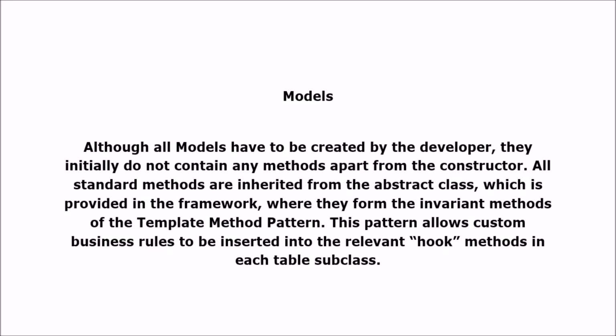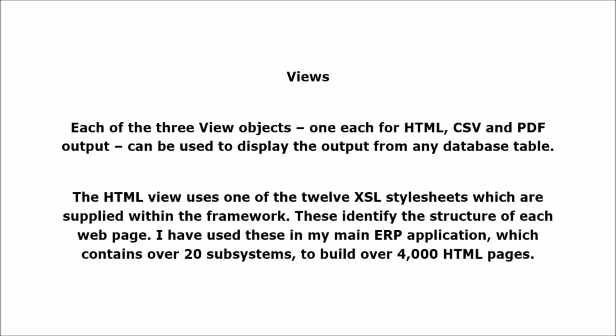Although all models have to be created by the developer, they initially do not contain any methods apart from the constructor. All standard methods are inherited from the abstract class, which is provided in the framework, where they form the invariant methods of the template method pattern. This pattern allows custom business rules to be inserted into the relevant hook methods in each table subclass.